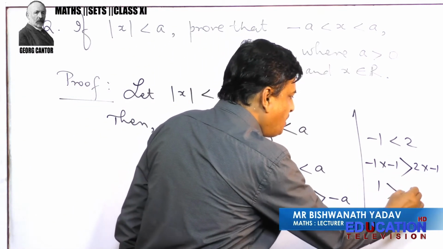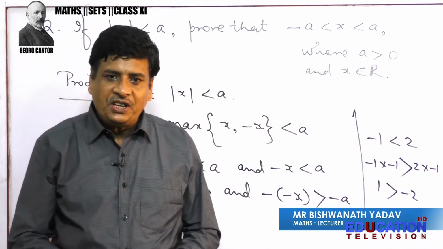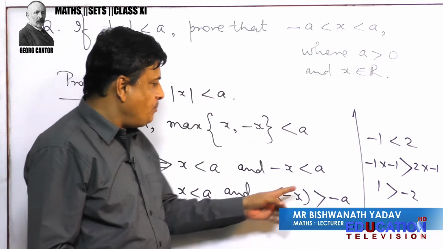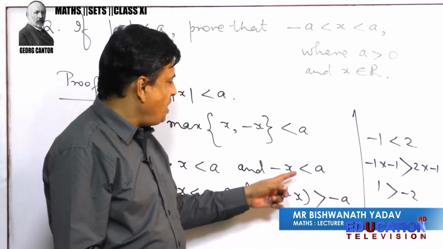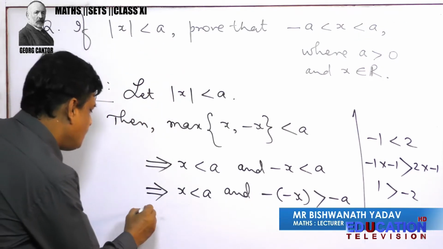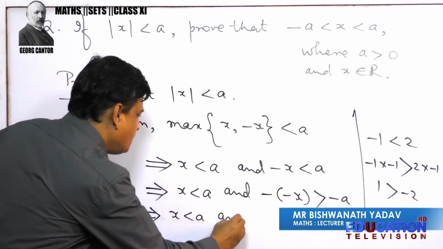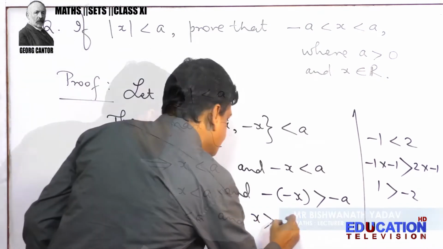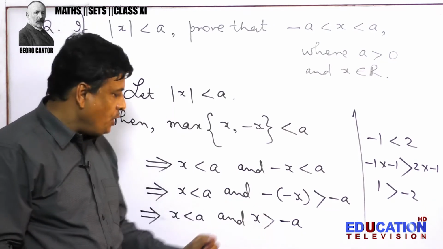Plus 1 is greater than minus 2. So in case of multiplication, if we are multiplying both sides by the same number but the number is negative, then the inequality will be reversed. So x is less than a and x is greater than minus a.